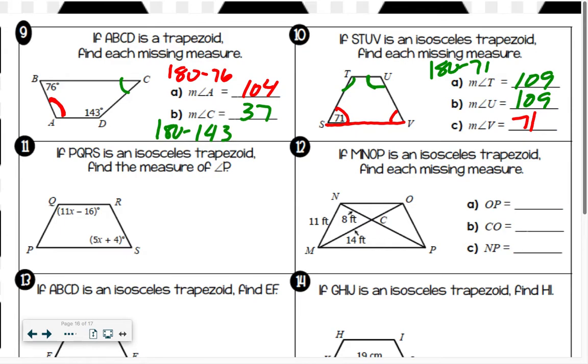Okay. 11. What do I know about my opposite angles in our isosceles trapezoid? They're supplementary, so they add up to 180. So I have 11x minus 16 plus 5x plus 4 equals 180.